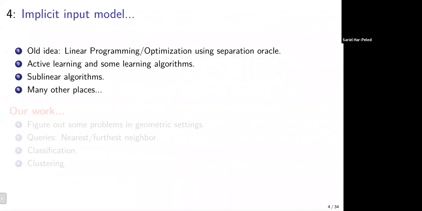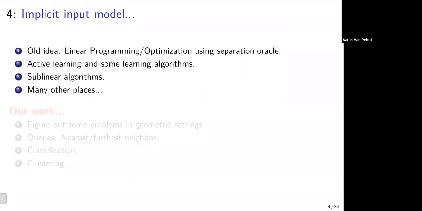So this implicit input model is, of course, very old, and there are hundreds, if not thousands, of papers on it. Maybe the most prominent place it appears is in convex optimization and linear programming, where you speak about a separation oracle. A lot of machine learning has this flavor of similar ideas.